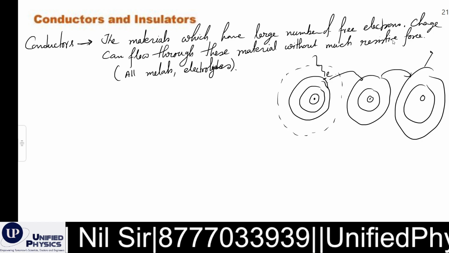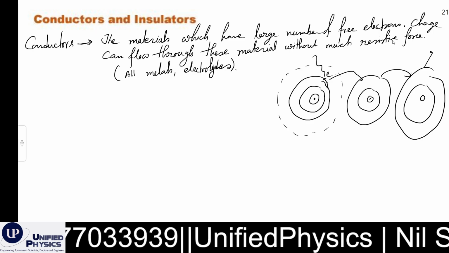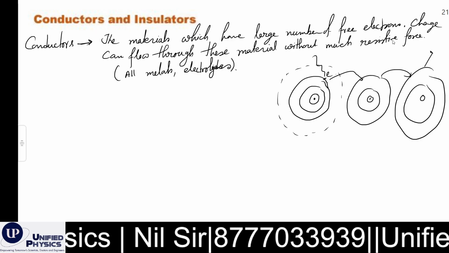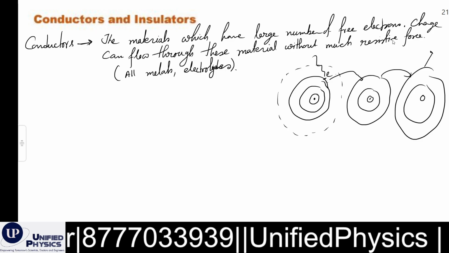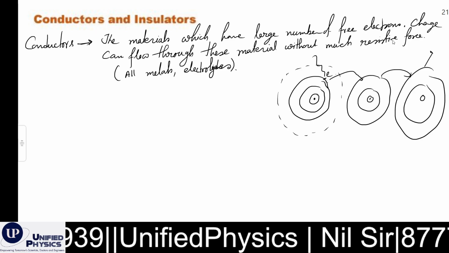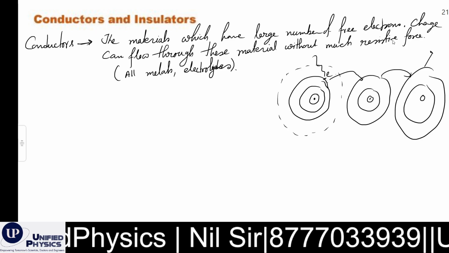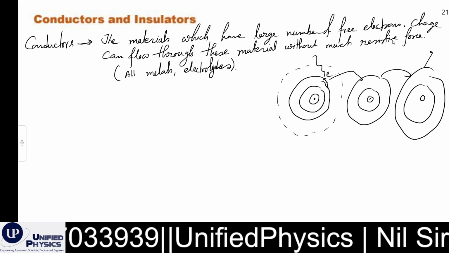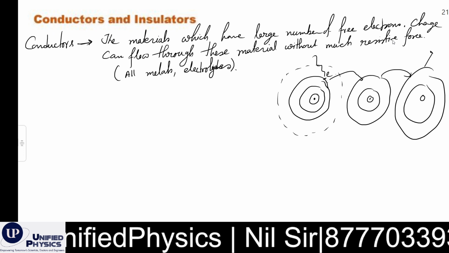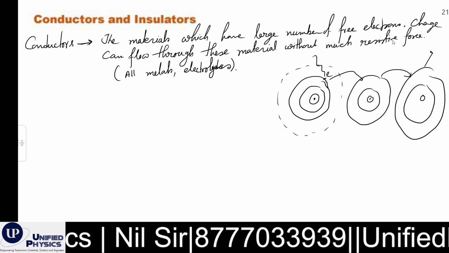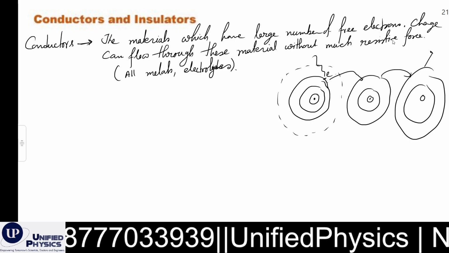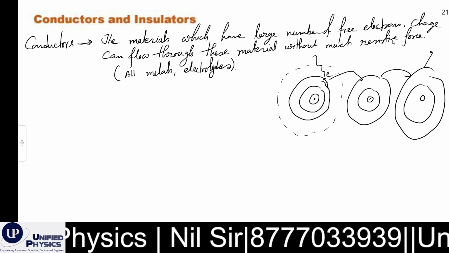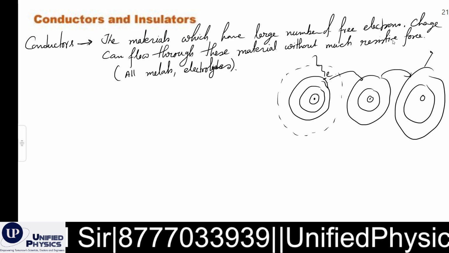If you provide this work function to an electron, it can easily come out from the metal surface. But generally, in the electric field we apply, the energy is not sufficient to provide that work function. So at room temperature they will not eject from the metal surface. But if the applied electric field is enormously large, of course they can come out of the metal surface.